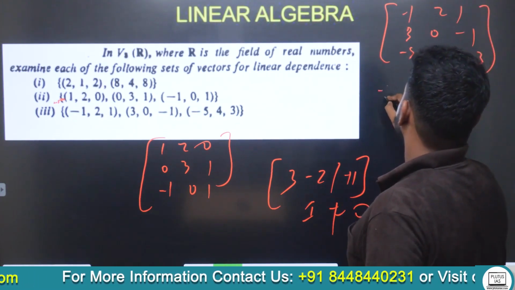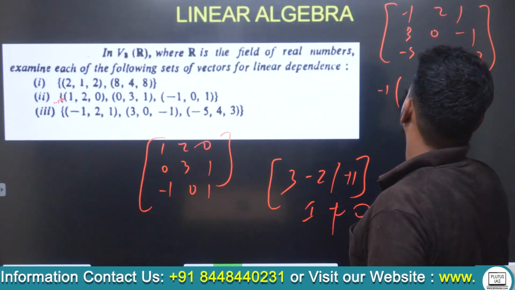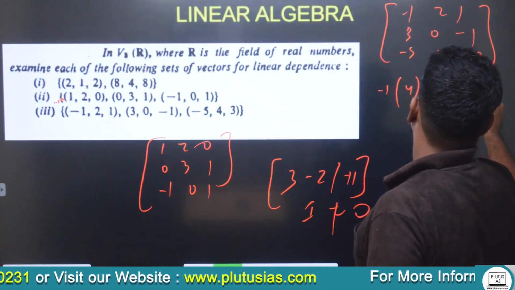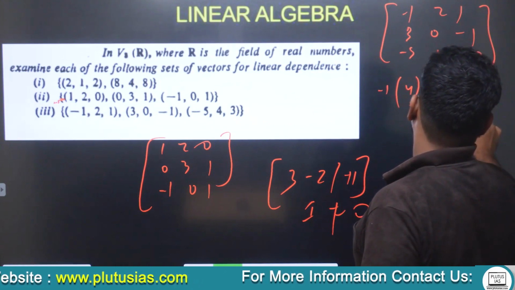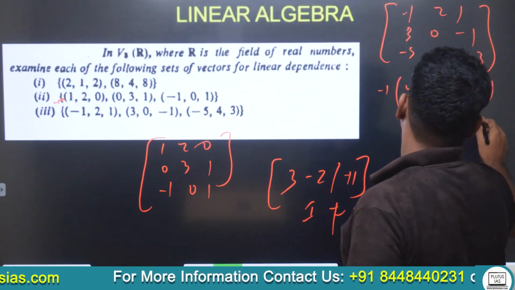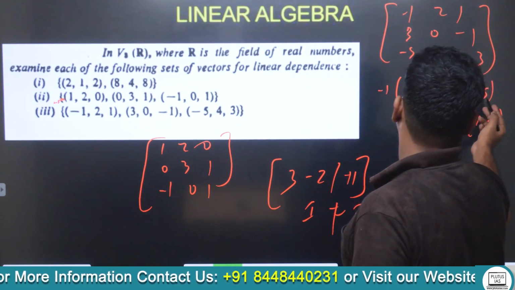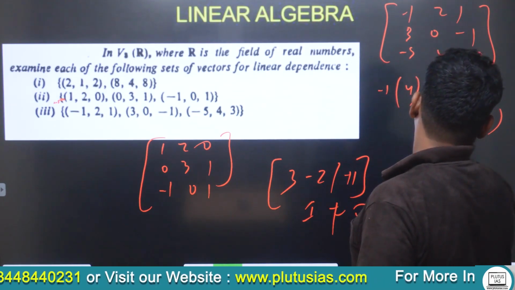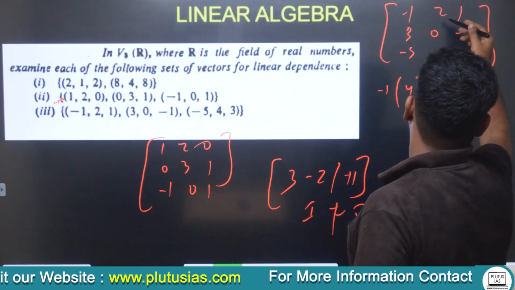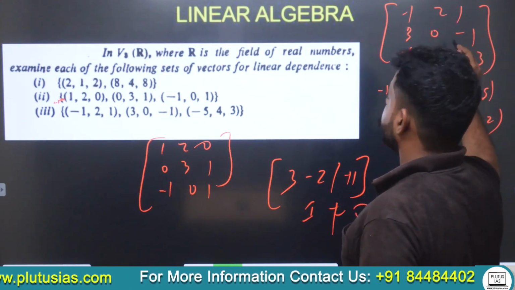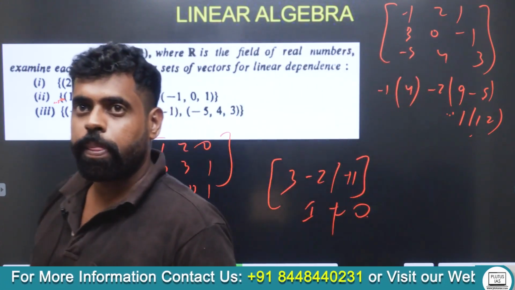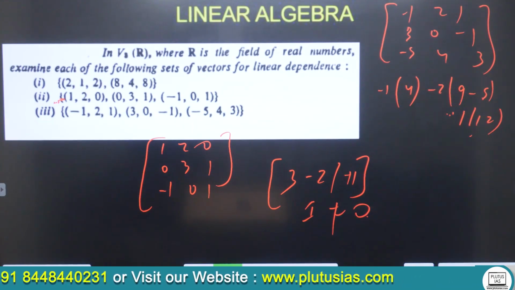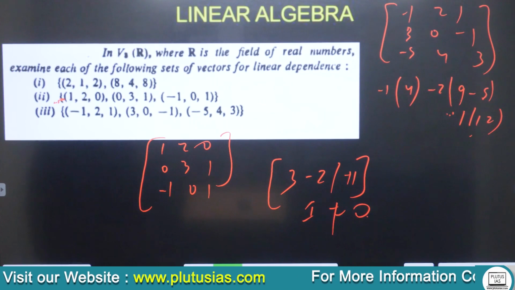So you get the value minus 1 times, this is 0, this is plus 4, minus 2 times, this is 9, and this is minus 5, and plus 1 time, and this is 12. So you get minus 4, this is 4. No, no, how is it coming independent? The third determinant is zero. Yes, so it should have been dependent.